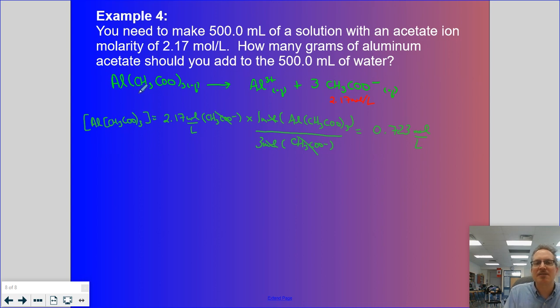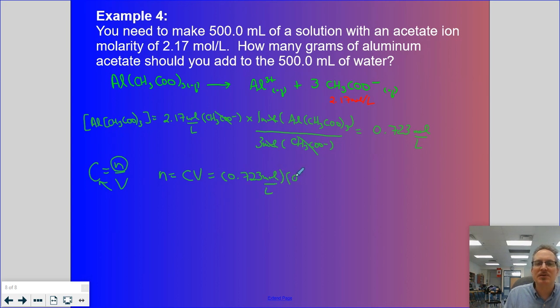Well, we are wanting to find the mass of aluminum acetate. So if I know the concentration and I know the volume, I have this formula and I can use it to solve for moles. So moles equals C times V. So my concentration, 0.723 moles per liter.